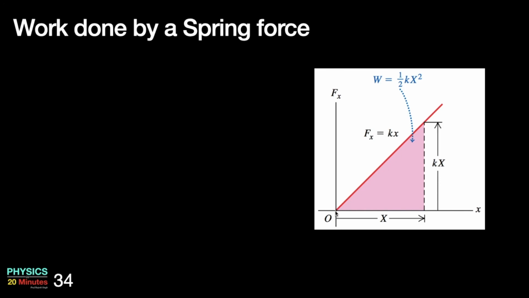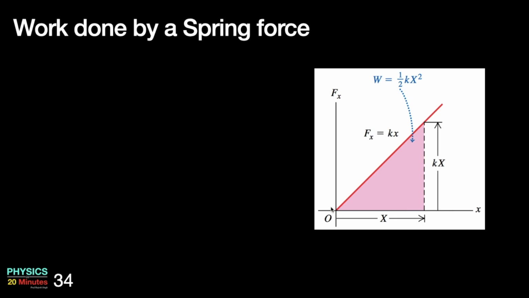Suppose the stretching is by an amount x, then the work done is the area between the force curve and the x-axis bound by the two limits. One limit is at the origin and the other is the maximum stretching that has occurred. So suppose maximum stretching is x, then this side is x.